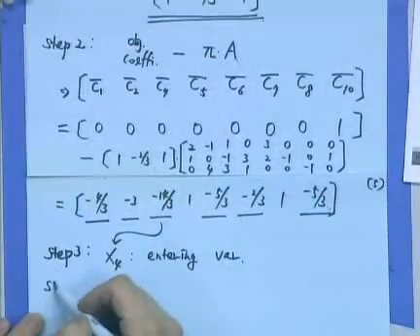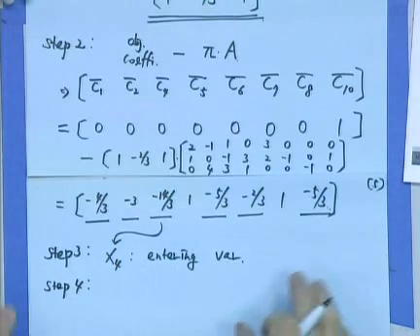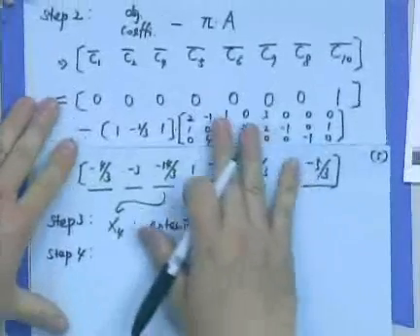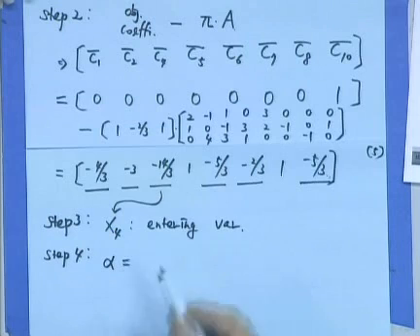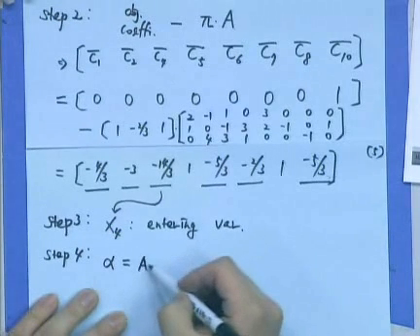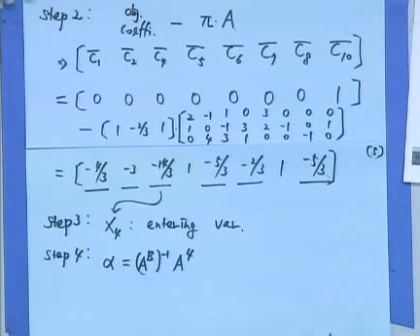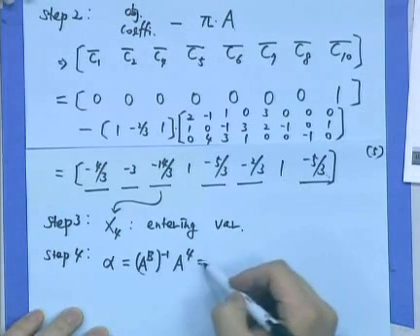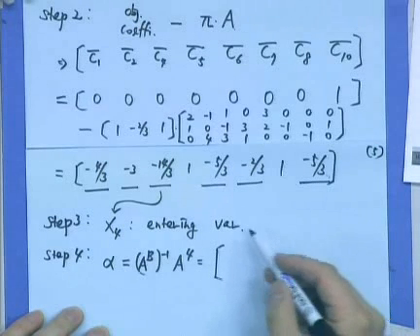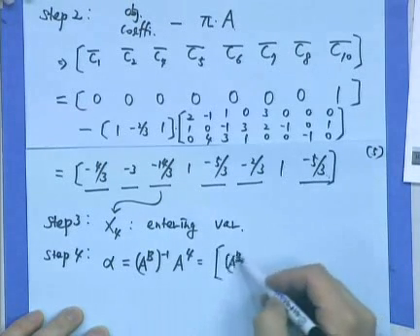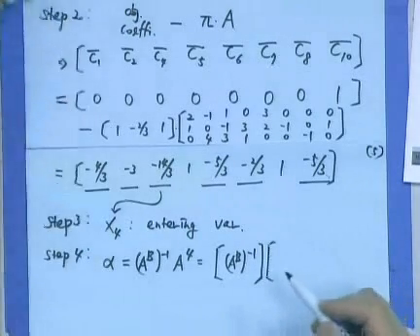Next, you need to determine the leaving variable, right? So we should get the substitution rate, alpha. So we will have the basis inverse matrix. What about A4?